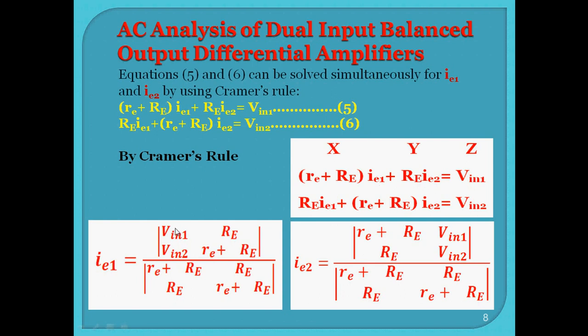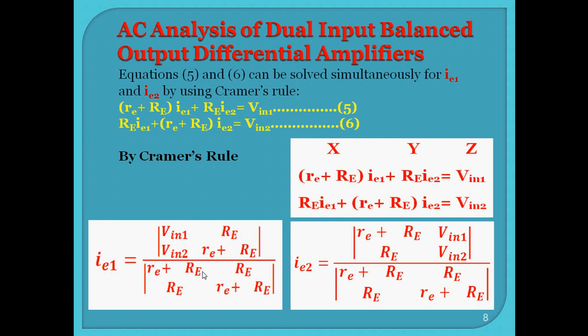what we are doing is writing the z coefficients, Vin1 and Vin2, in the determinant. The next is to write the coefficients of y, that is capital RE, and for the next row, small re plus capital RE. This is the numerator, so x, or we can say IE1, is equal to the determinant with Vin1, Vin2 and the coefficients of y, capital RE and small re plus capital RE.